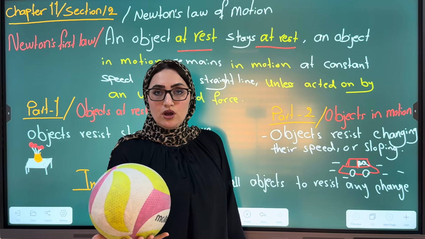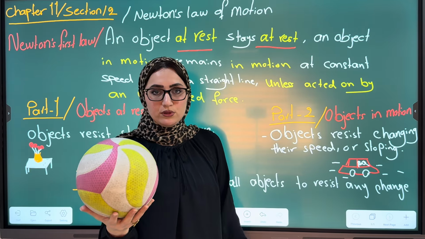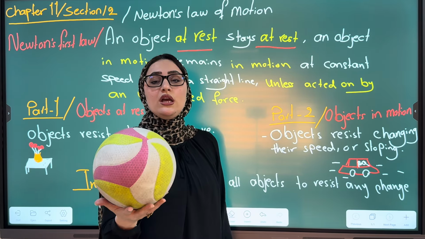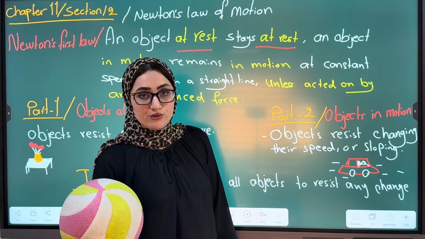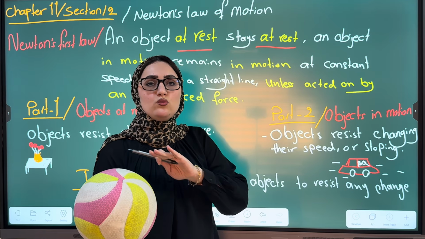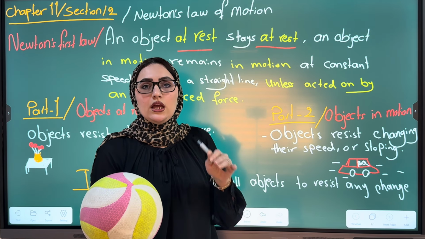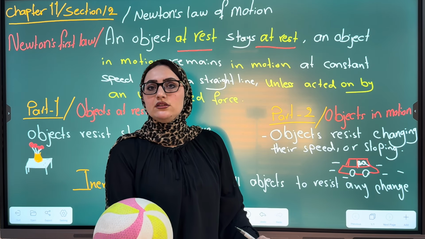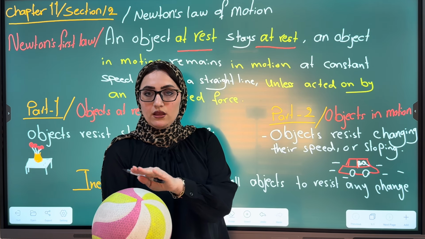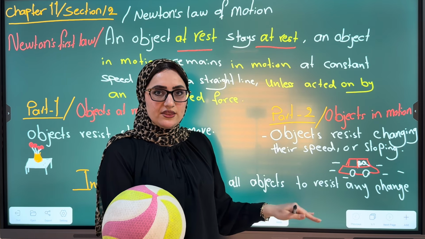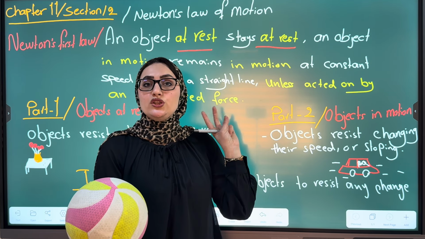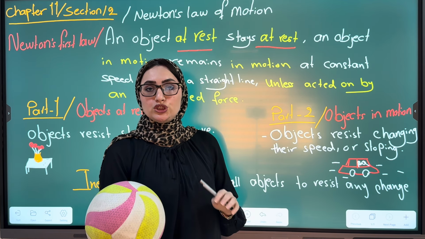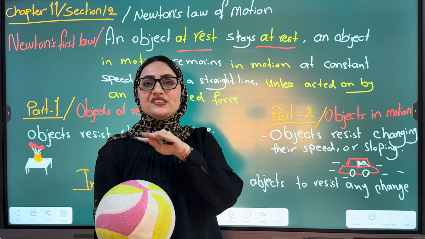Our example was the ball. The ball resists moving. It doesn't want to move. It wants to stay still. So all objects in the universe, according to Newton's first law of motion, tend to stay at rest.